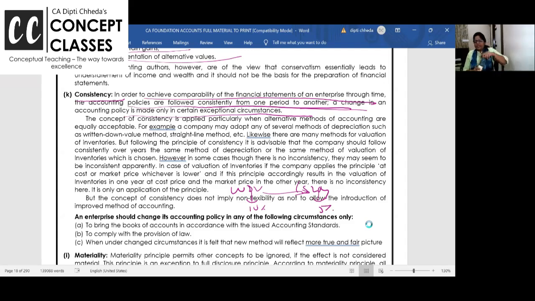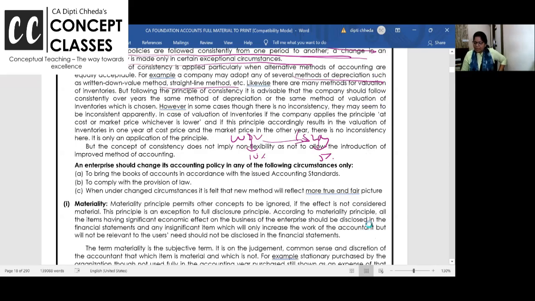I hope all clear to all of you. Consistency. It says that you follow all the accounting policies consistently. They've given example, methods of depreciation and all what I said.